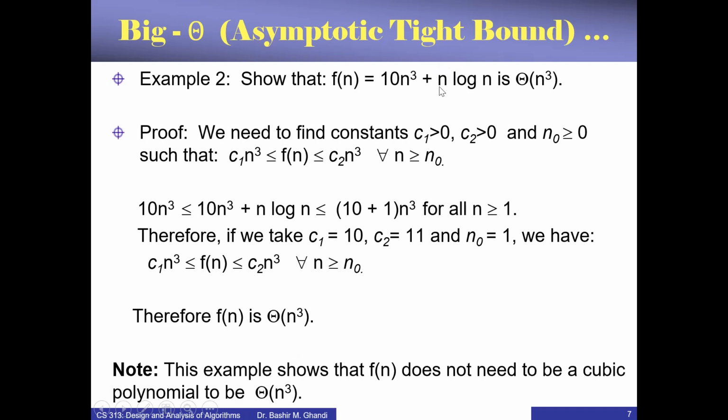Normally in a polynomial we will have the terms in terms of degrees of n, so maybe n squared or n, but not involving another function like log. So we are saying a function can be theta of n cubed even if it is not a polynomial of highest degree n cubed. This is not a polynomial of n cubed because it involves another function, log n.